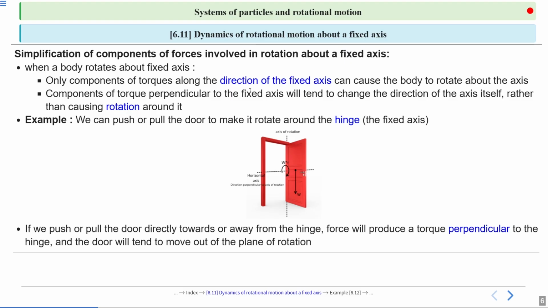Torque components perpendicular to the axis of rotation only try to shift or bend the axis, but they don't cause motion. All right. So to rotate something around a fixed axis, your force must create torque along that axis. Otherwise, no rotation.